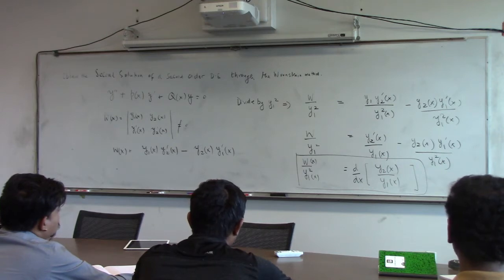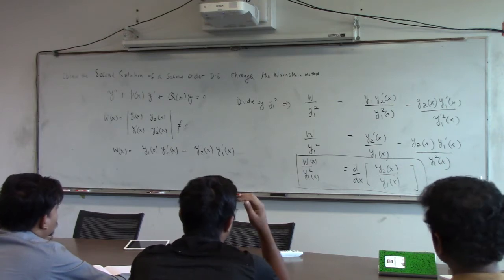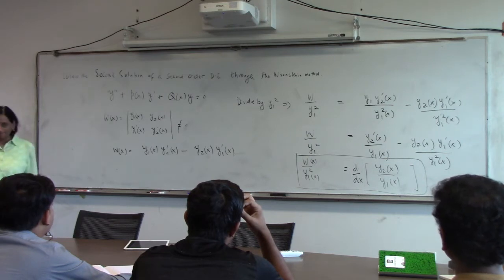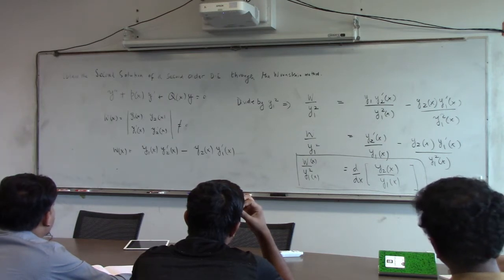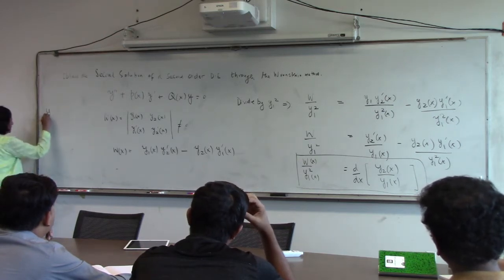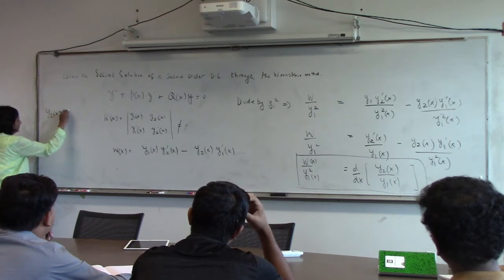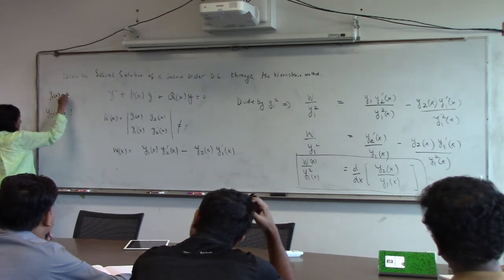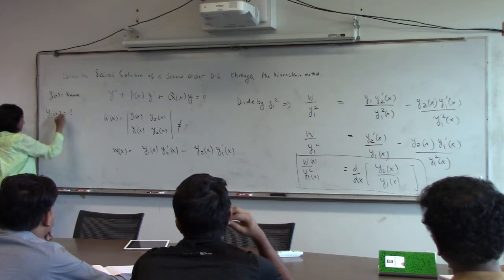My goal is to get y2 in terms of y1, and I have a differential sitting there, but I want to extract y2 x. So our goal is to get y2 x, knowing y1 x. How am I going to get that?